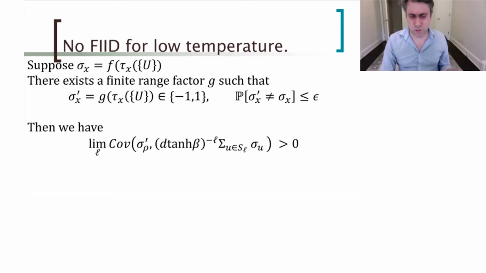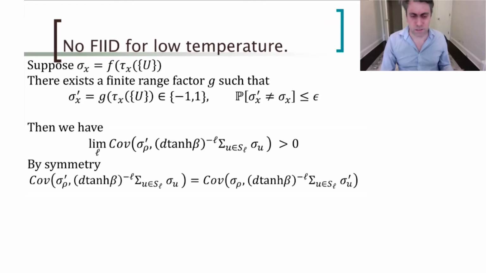But now, covariances are linear, and so by translation invariance, we can swap things around, so we get covariance of sigma rho with this sum of the sigma primes on level L. Okay, so how does this help?